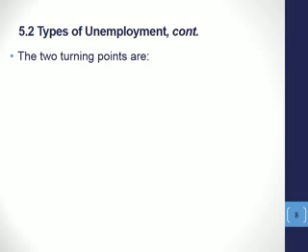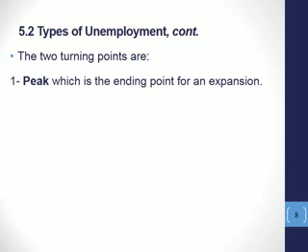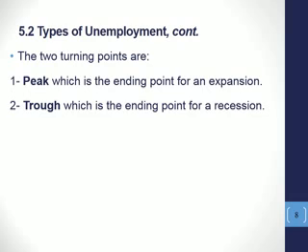Meanwhile, the business cycle has two turning points, which are peak, which is the ending point for an expansion, the top of an expansion, and trough, which is the ending point of a recession, that is the bottom of a recession.